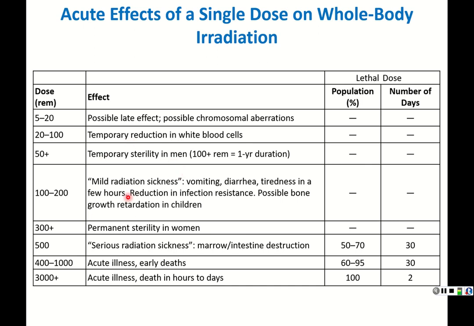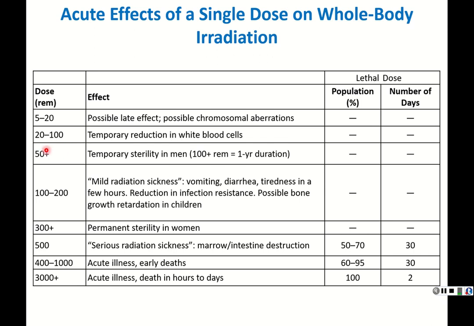And so this is a single dose, right? That's 50 rem. And remember that you get something like 100 to 200 rem per year background, but that's spread out over a whole year period.